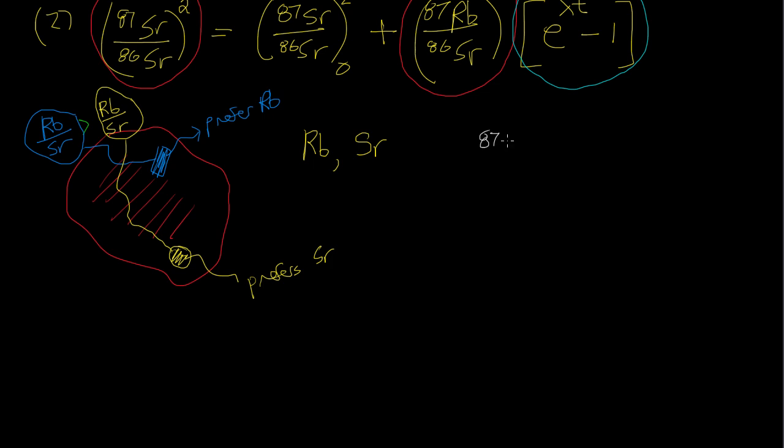On the other hand, if we're talking about the isotopes of strontium, to a mineral that's growing and wants to grab a little bit of strontium, the difference between strontium-87 and strontium-86 is there's none. They're exactly the same thing. So there's no reason to think that although this blue mineral might prefer rubidium over strontium, it's going to prefer strontium-87 over strontium-86 or vice versa. In other words, the distribution of strontium-87 and strontium-86 between these two growing minerals will be exactly the same.